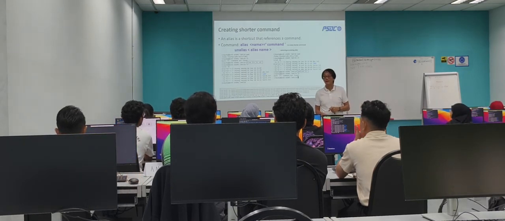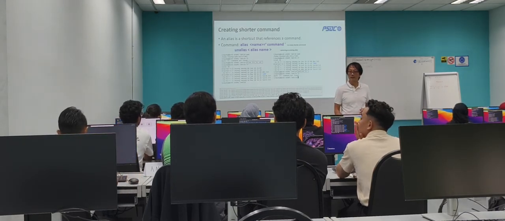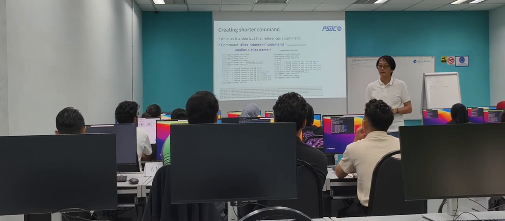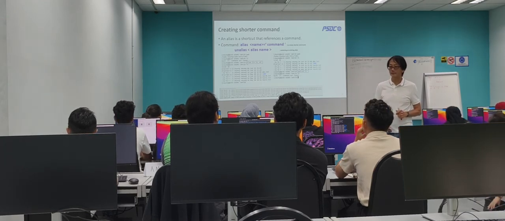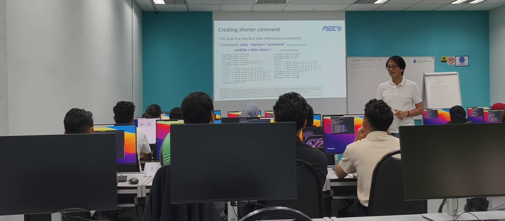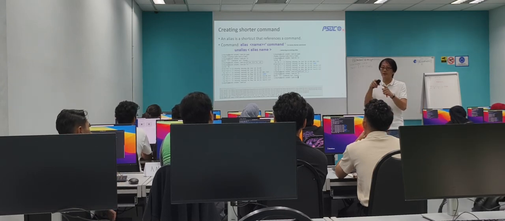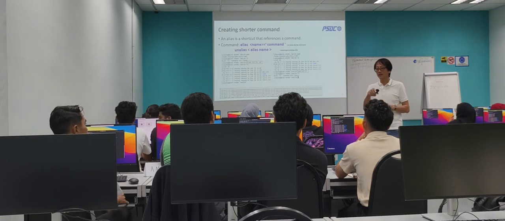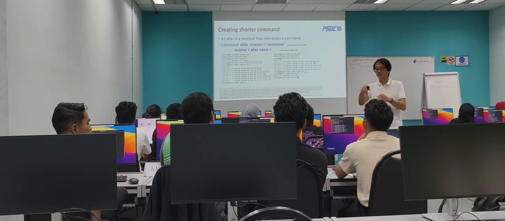Let's say I would like a few aliases, LL and then maybe LB and something. How do I list out the aliases? You type in alias as a command prompt, and you list out all aliases.